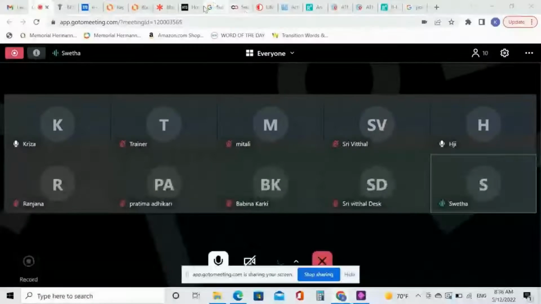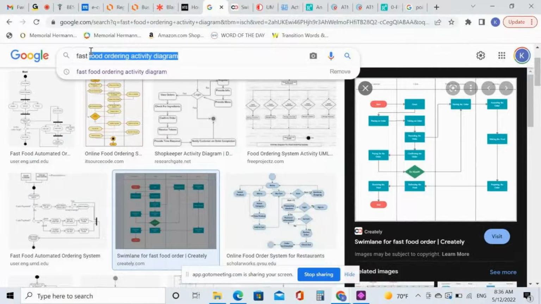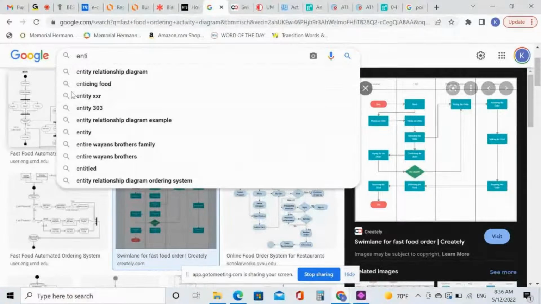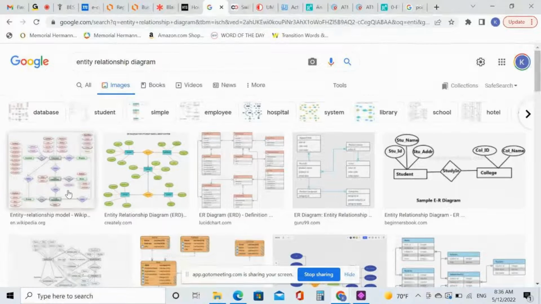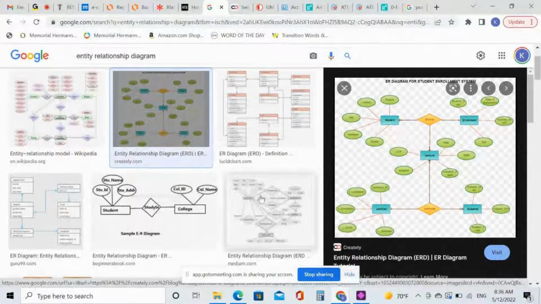Krisa, can you go to Google and search for entity relationship diagram? Is this a good one?